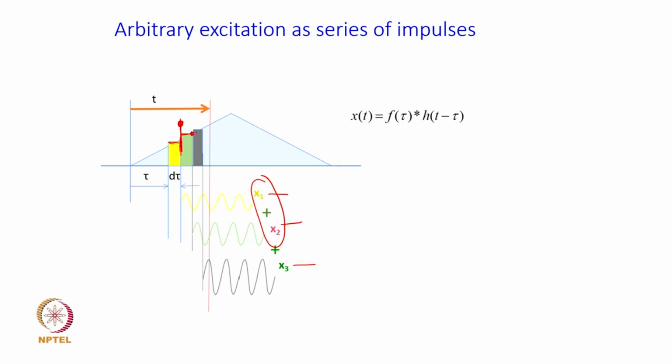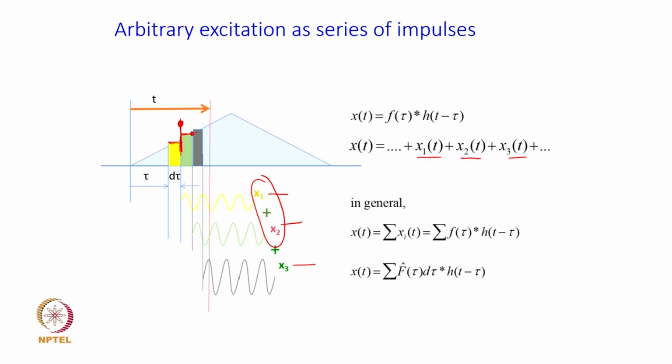So, this is how we find the total response of the system by adding up responses due to individual impulses. In general, it is the summation of all the impulse response functions scaled or multiplied with their individual impulse strengths, like f cap tau d tau, and this is how the summation would look.